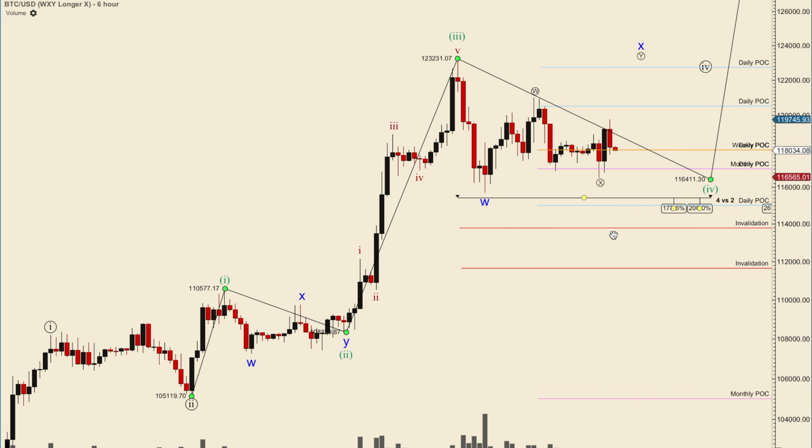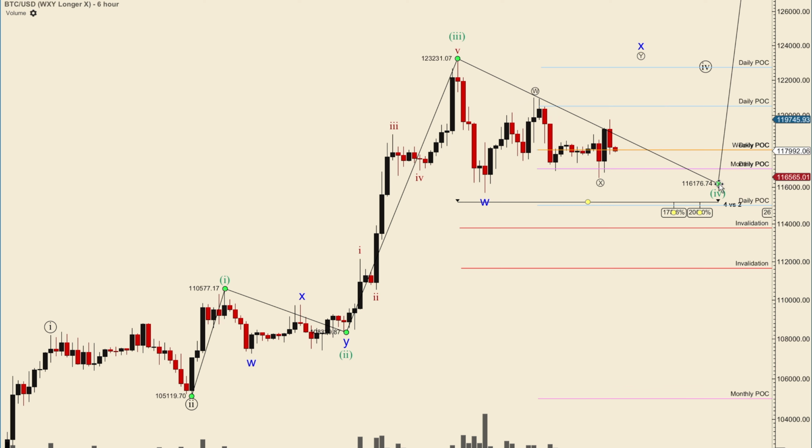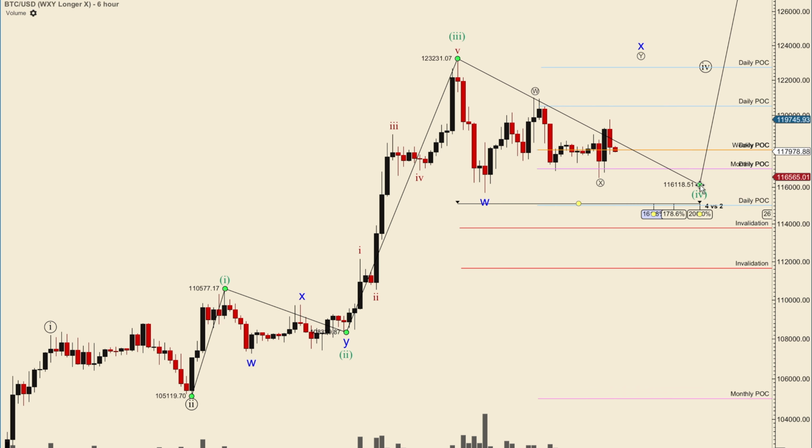You can see here the wave 4 compared to wave 2, and we are only at 1.27 basically fib time, and that isn't long at all. So I mean, a wave 4 can reach up to 3 or 4-ish kind of fib time without having to be concerned about the length. So we still have plenty of time to go before we are done here.